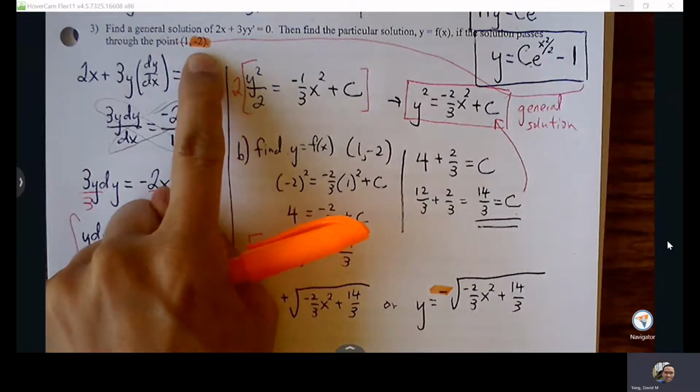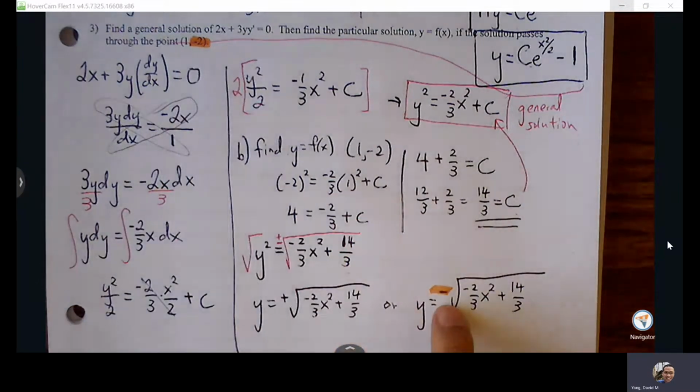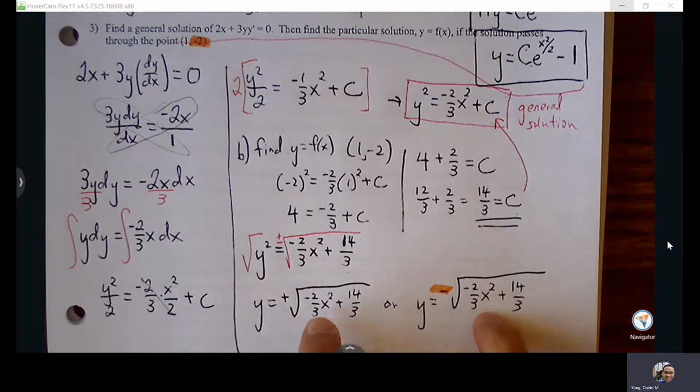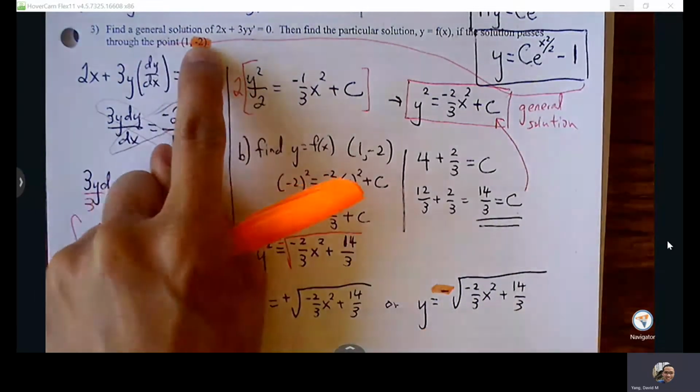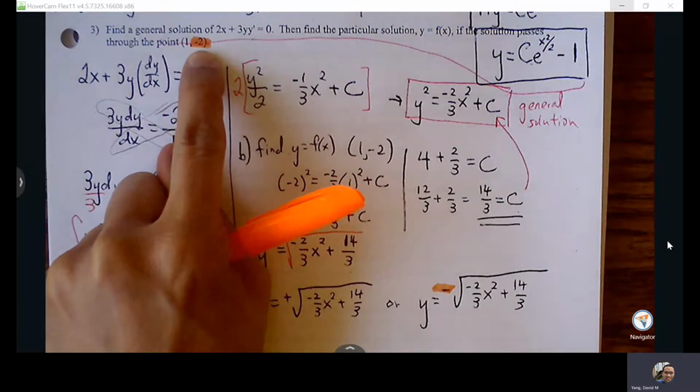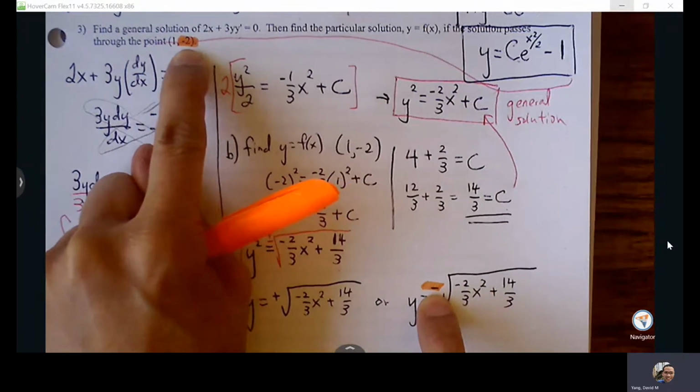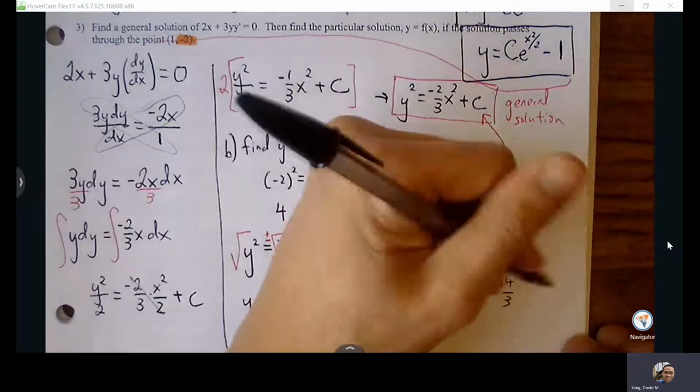The only way we're going to get a negative 2 if we insert 1 is if there's already a negative sitting outside the square root. So if you're ever having to choose between two functions because you have plus or minus radical, look at the y value of your ordered pair. The sign of the y value of the ordered pair is the sign that you want to match to choose your solution.